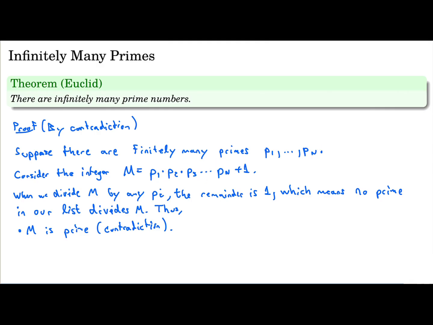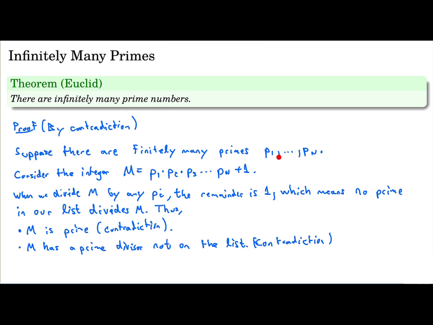And the other is that M has a prime divisor not on the list. But this is a contradiction again, because we're assuming that this is the list of all of them. M has to have some divisor that is not there.